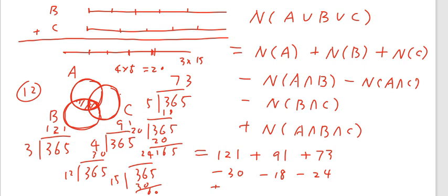So 3, 4, 5 gives 60, right? So 365 divided by 60 is 6, so 6 days when all three of them call her.